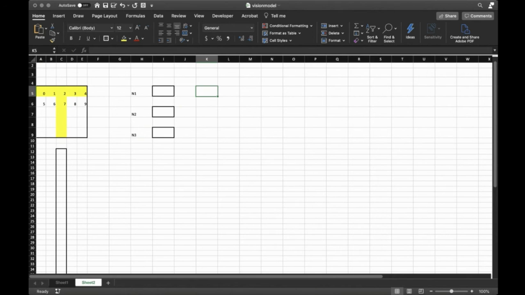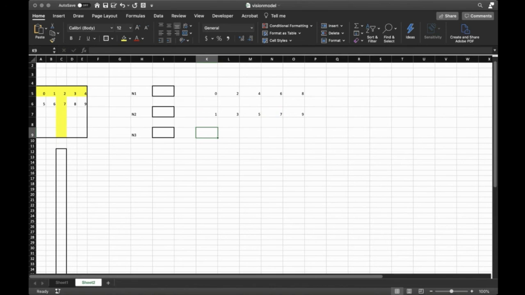And I'm going to say, which inputs does neuron 1 pay attention to? Let's suppose it pays attention to 0, 2, 4, 6, and 8. And neuron 2 pays attention to 1, 3, 5, 7, and 9.